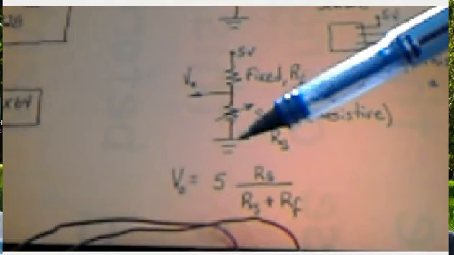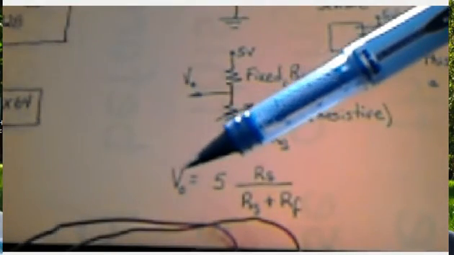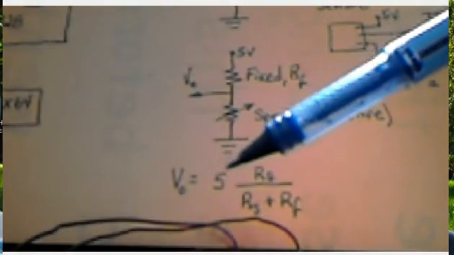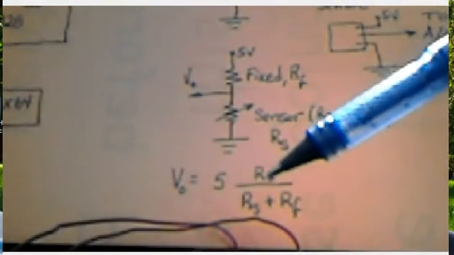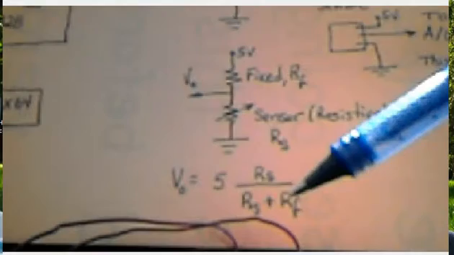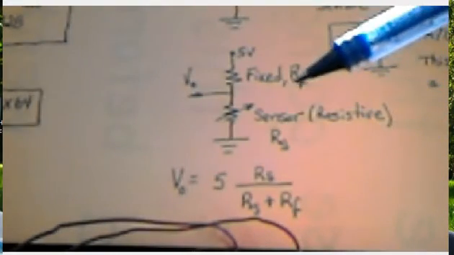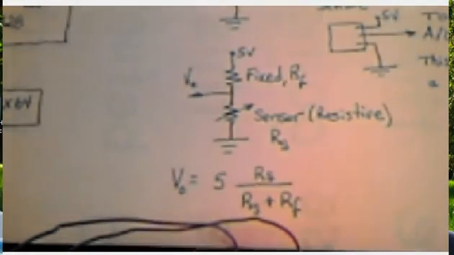More specifically though, the equation for the output voltage is this one right here, which is 5, your source up here, times the fraction RS divided by RS plus RF. And from this equation you can predict what your output voltage will be.